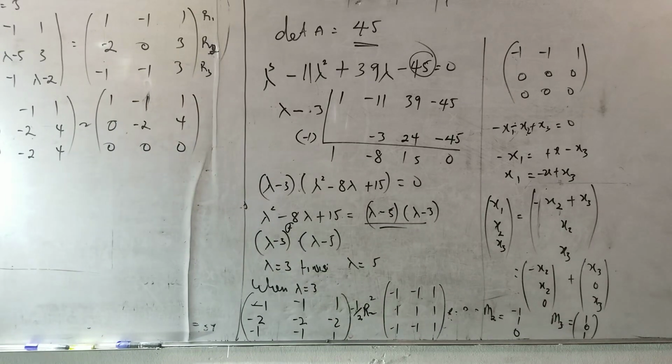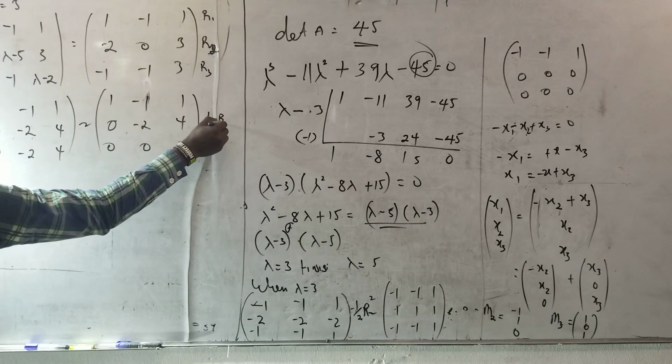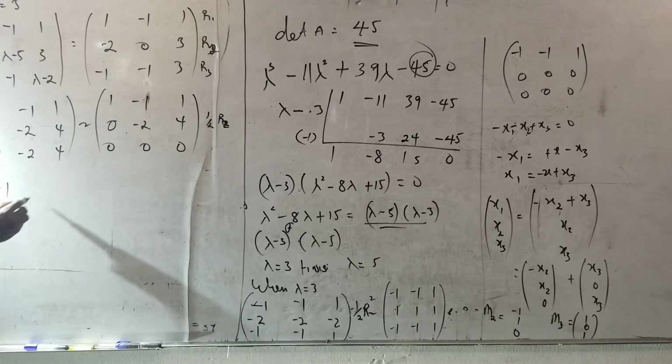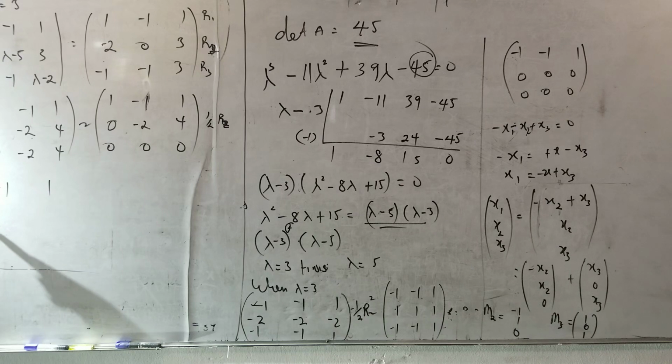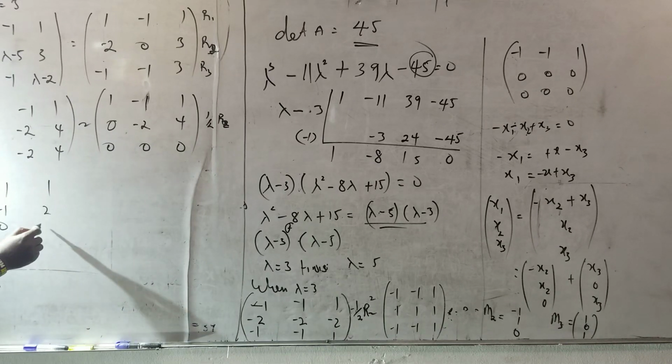That is my R3 equals R3 minus R2. Now, for me to have that, I can also say 1 over 2 of R2, which will give us 1 minus 1, 1, 0 minus 1, 2, 0, 0, 0.